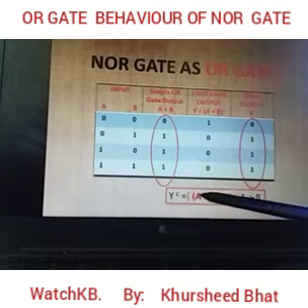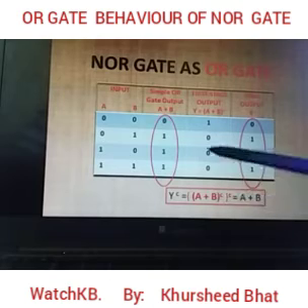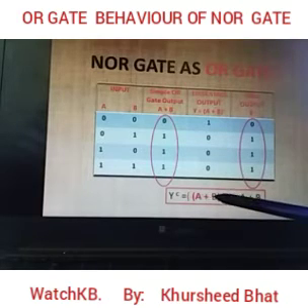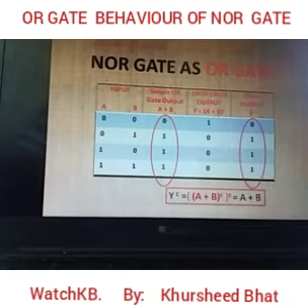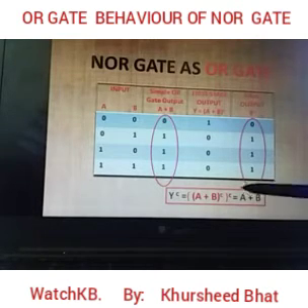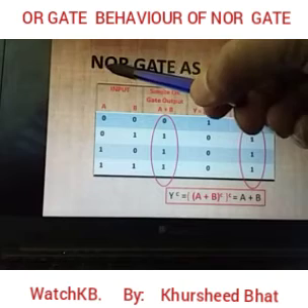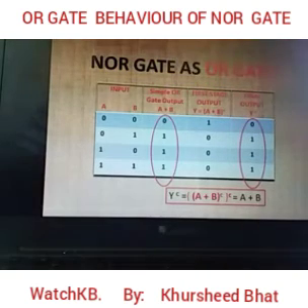The original signal was A plus B, and double complement of A plus B will provide A plus B. So the OR gate behavior has been achieved from a NOR gate combination.